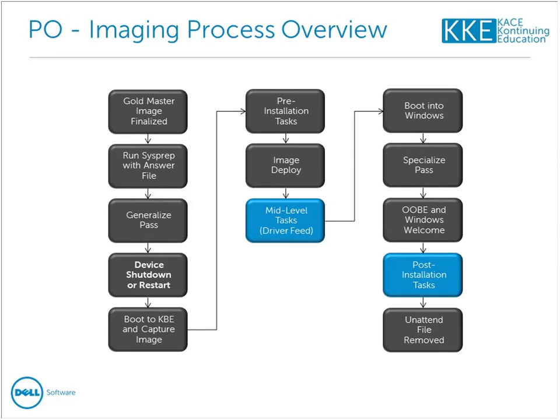But the two that are highlighted here are what we're going to be talking about today, the different phases and where they come in the deployment process. That's what's going to be important. You can see our mid-level tasks in the middle column at the last thing there, and then our post-installation tasks towards the end, on the right side. So we're going to be focusing on those two specific portions of our deployment process.